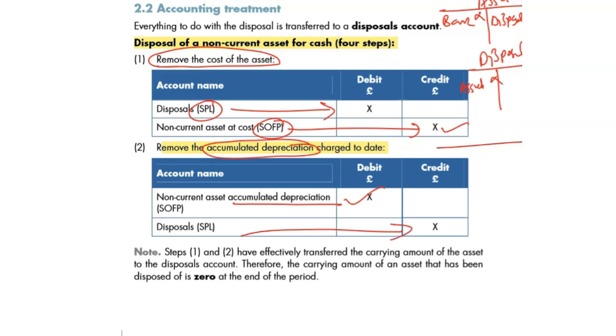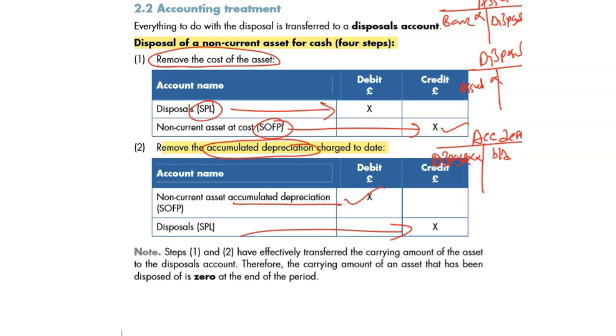You need to open an accumulated depreciation account. Accumulated depreciation is normally credit. Let's assume you had a balance of accumulated depreciation on the credit side, but because you're disposing it, you're selling it, you need to cancel that figure, and that's why you need to write on the debit side, and the name is disposal. Everything is happening with the disposal account.